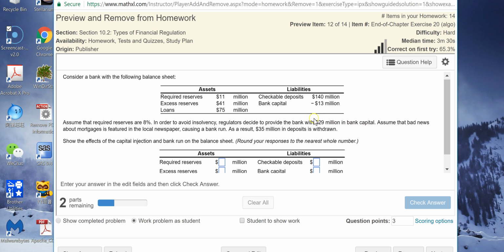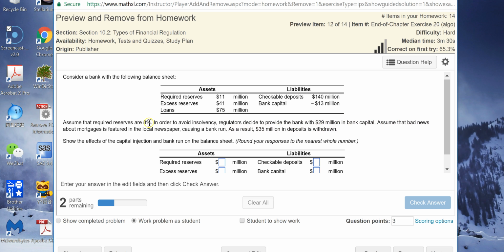So once the regulators inject $29 million into the bank capital, you can see that this is above the negative 13. So when you add 29, the total bank capital will become a positive number. So that can avoid the insolvency.